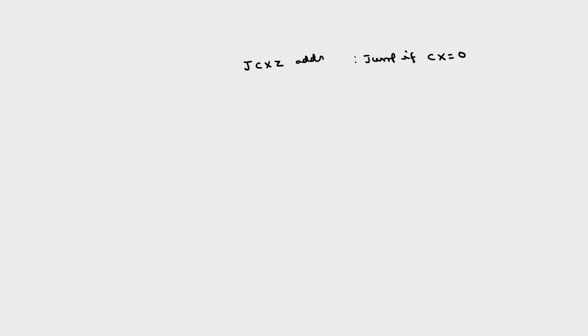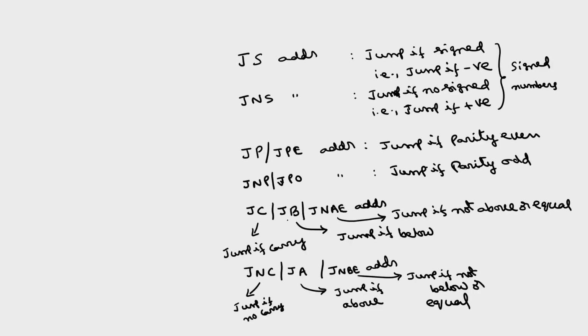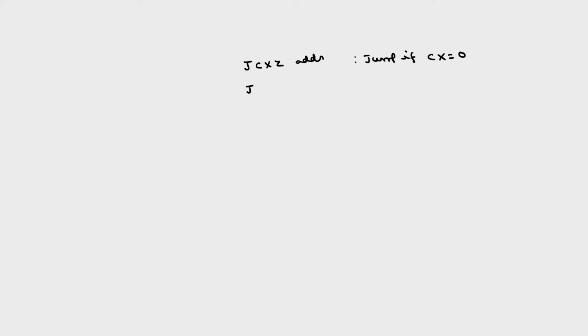Similarly, we have jump below or equal. So, here we have below and this is not above or equal, this is above, not below or equal. You take this E to here. We have two more instructions which are jump below or equal, jump not above.